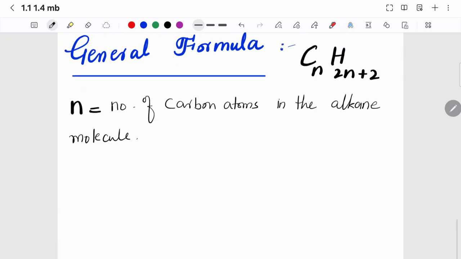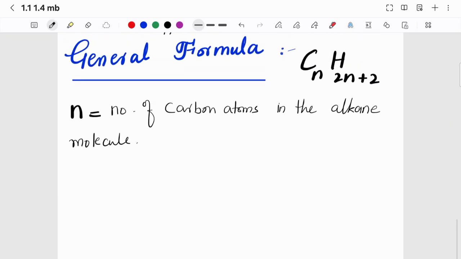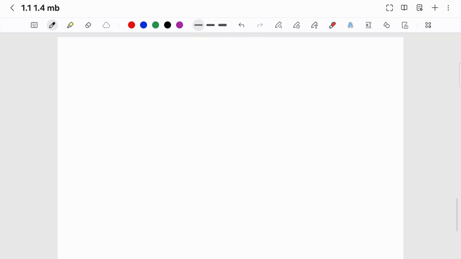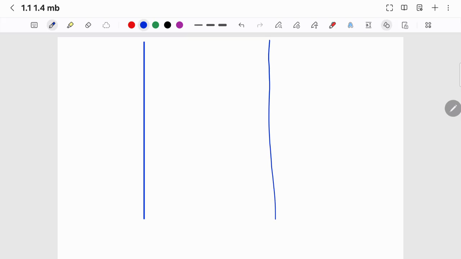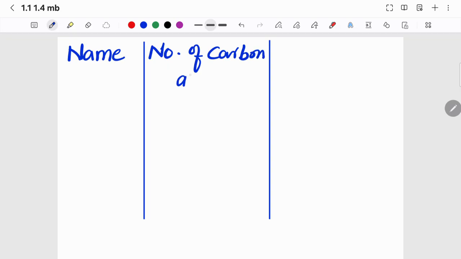All right, so let's see how does it work. Let me draw a table for this: name, number of carbon atoms, and molecular formula.